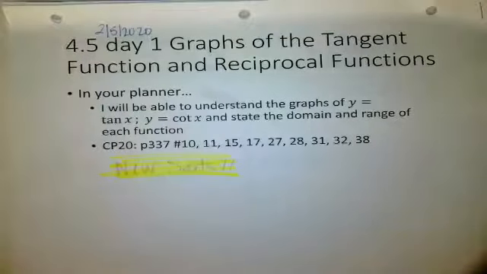So it turns out that sine and cosine graphs are the most important, essentially the graphs that I care the most about. Today we're going to talk about tangent and cotangent. And then Thursday we'll do secant and cosecant. Secant and cosecant are pretty easy.